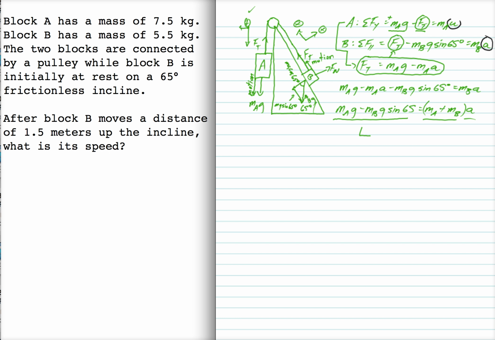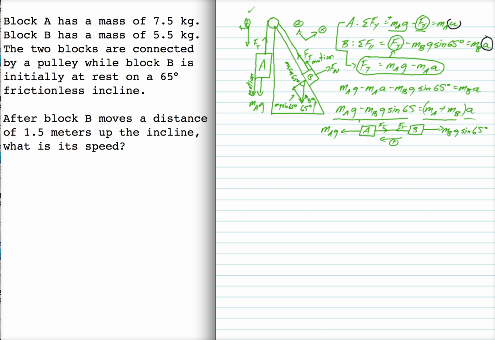If I had, let's say, mA here and mB here, and I had mAg pulling this way, and mBg sine 65 pointing that way, and then a rope connecting them with the tension in the middle. And my sign convention were that the direction of motion to the right were positive.